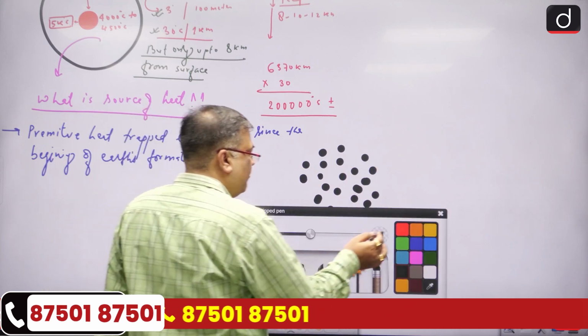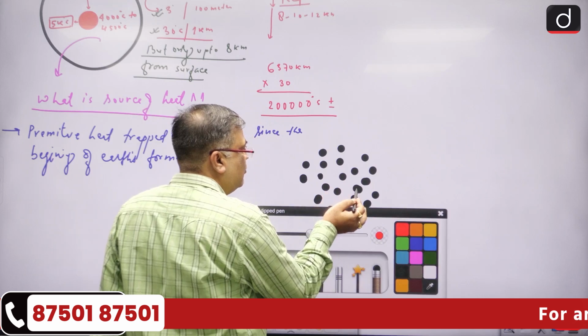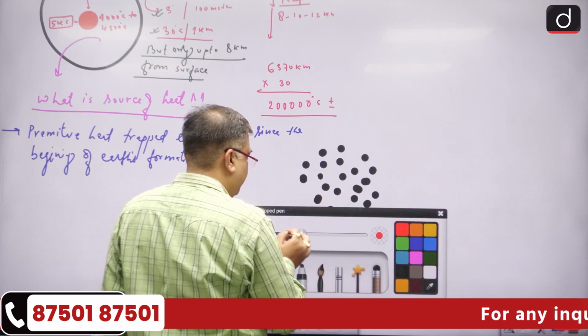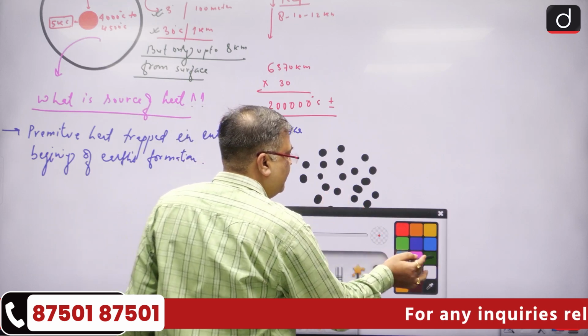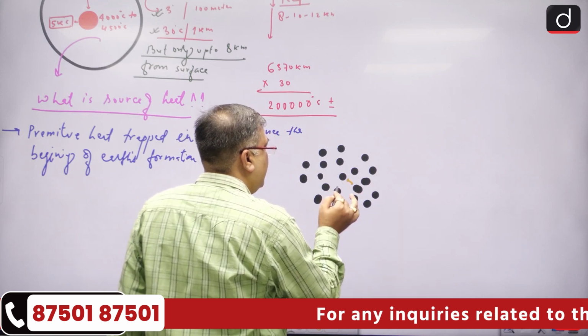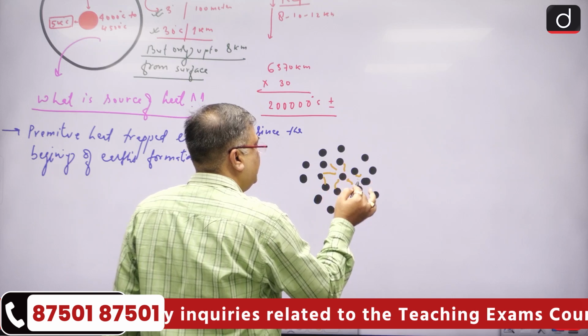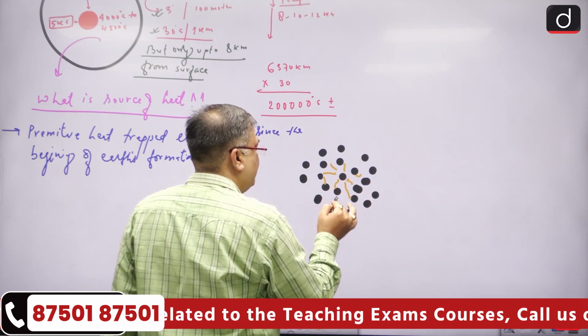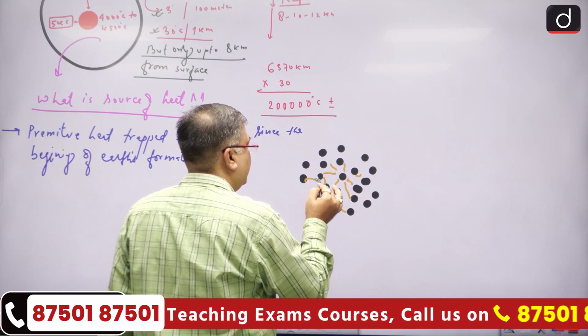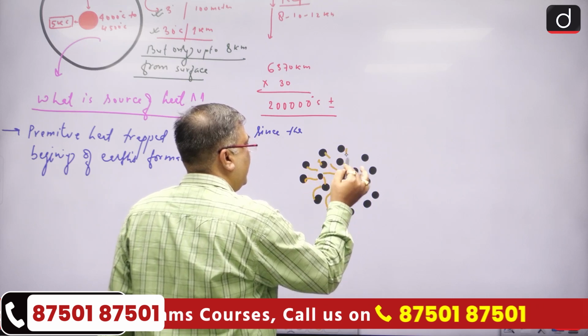If this one is hitting this one, and each object is randomly moving, everything is hitting each other like this.